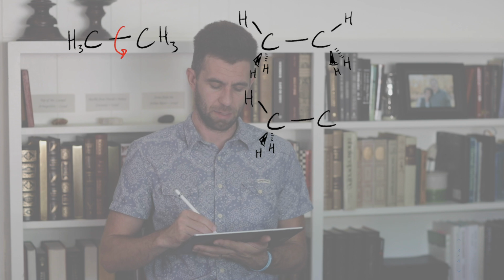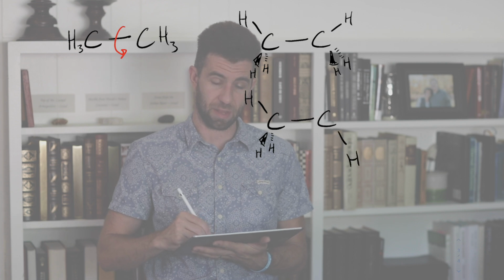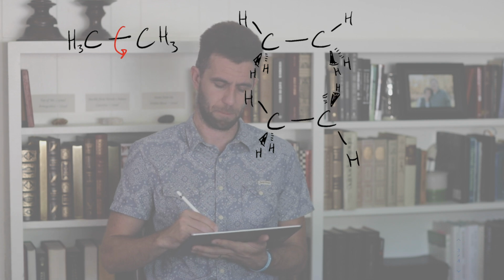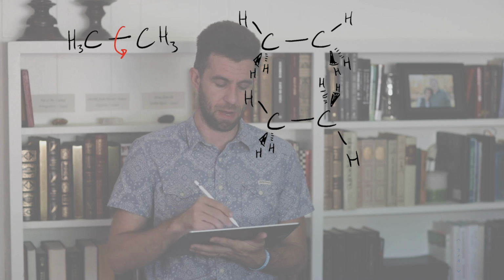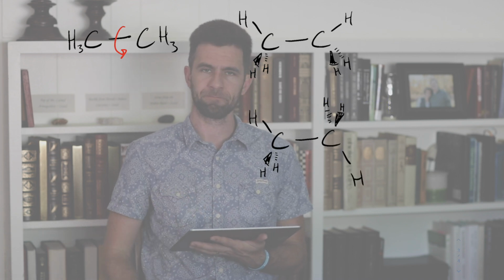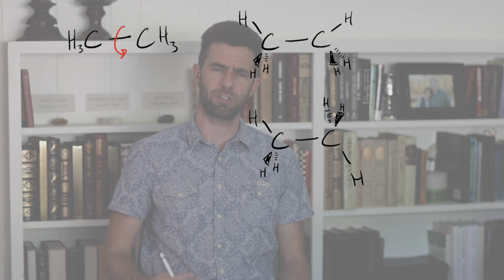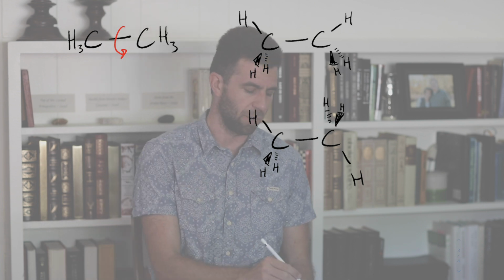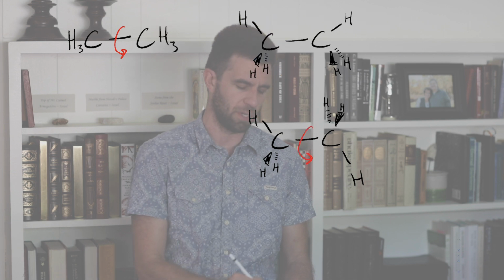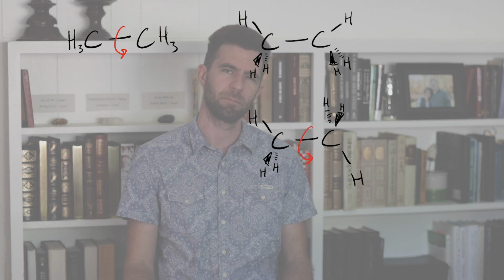Could I write this bond here just straight like that, and then put this bond coming kind of at us, and that one away from us? Is there anything wrong with drawing it like this? Well, there isn't. There's two separate ways to draw it. And all that I've really done here to change these is I've rotated around this bond.